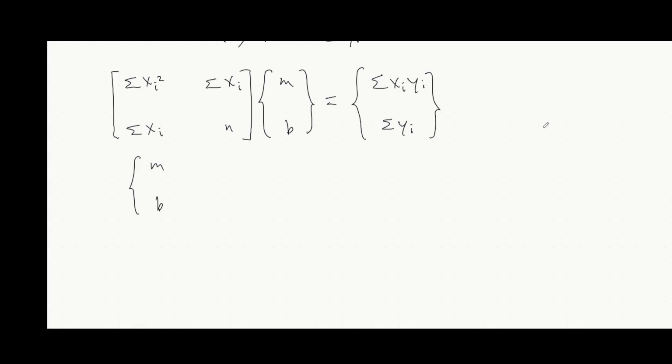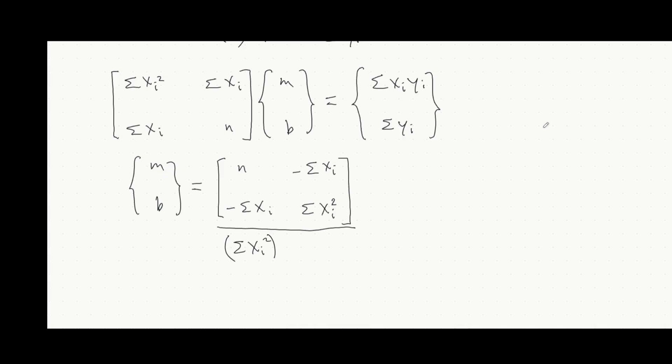So to solve for m, b, we invert that matrix, and to invert a 2 by 2, we just switch the elements on the diagonal, and we negate the elements on the off diagonal, and then we divide by the determinant, which is the first term times the fourth term minus the second term times the third, but they're the same. And then we're going to multiply that by our coefficient vector.